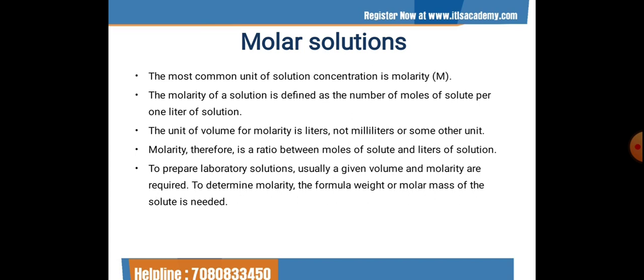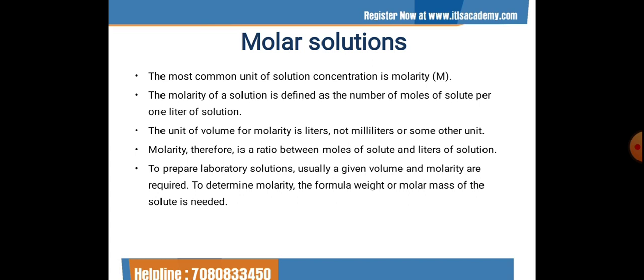Okay, to make a molar solution, we should know what molarity is. Molarity is defined as the number of moles of solute per 1 liter of solution. Suppose we want to make a NaCl solution of 1 liter. Therefore, in 1 liter, how much NaCl should be added?